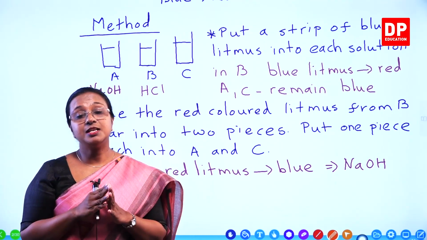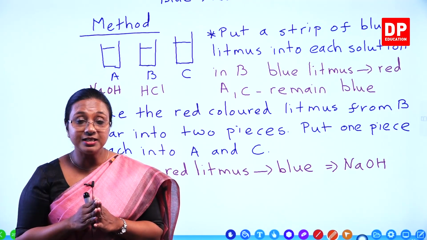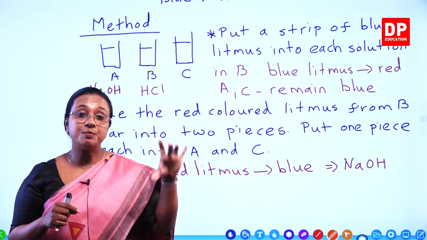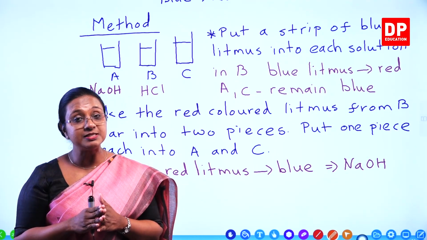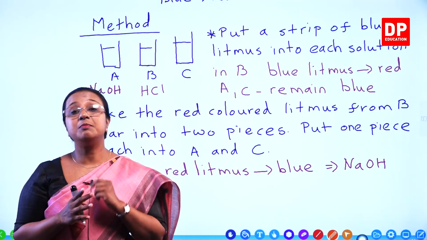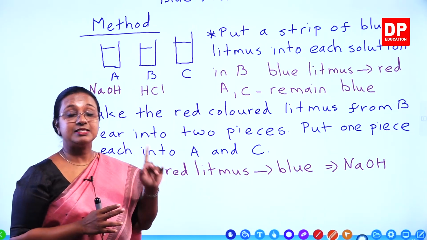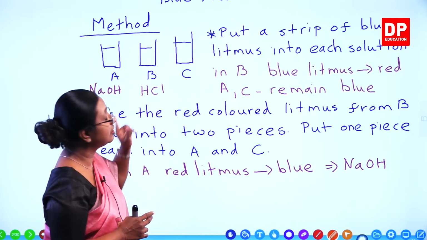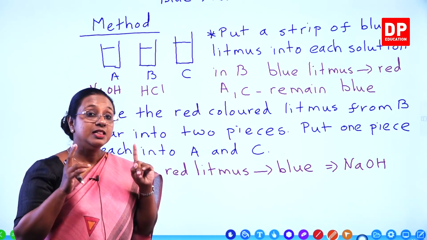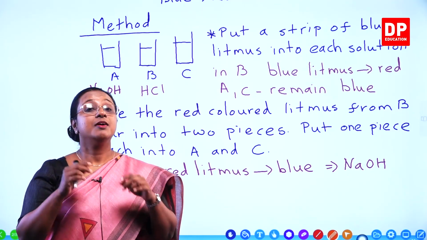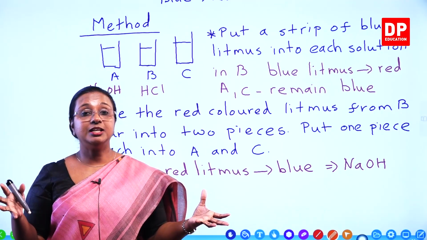Take the solution separately into 3 containers, label them as A, B, C. Then to each solution put a strip of blue litmus. In one solution, the blue litmus will turn red. That is hydrochloric acid. Here I have taken that as solution B. Then you take out that litmus paper without making it into a chunk.